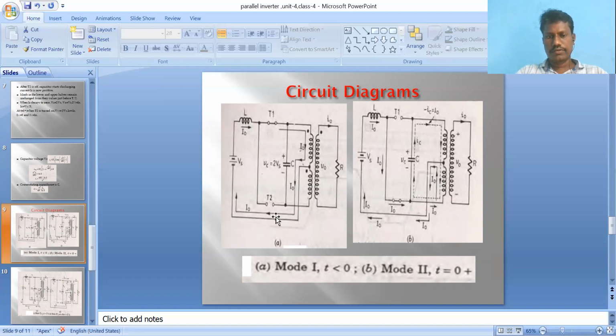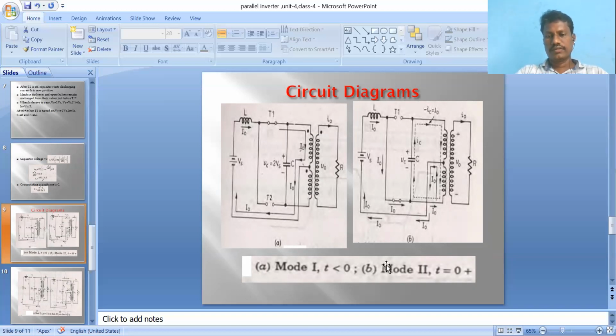Due to the current flowing in the first portion of the primary of the transformer, automatically some MMF will be developed in the other portion also. Then the capacitor current also develops after t greater than 0. So mode 1 is t less than 0.